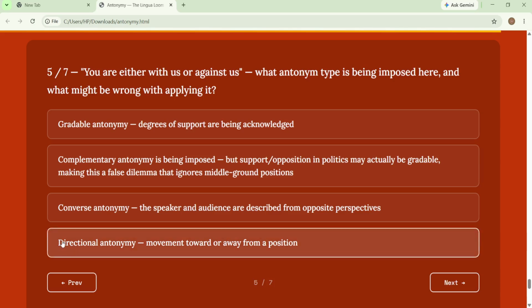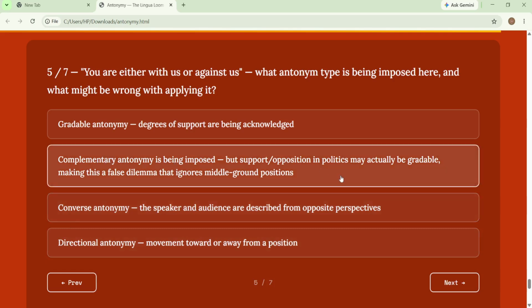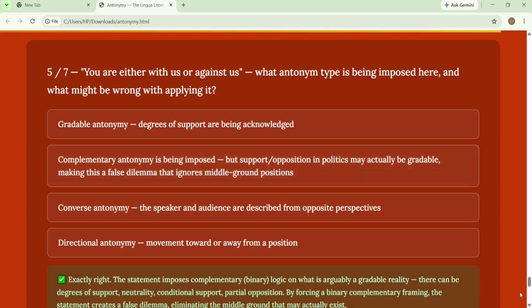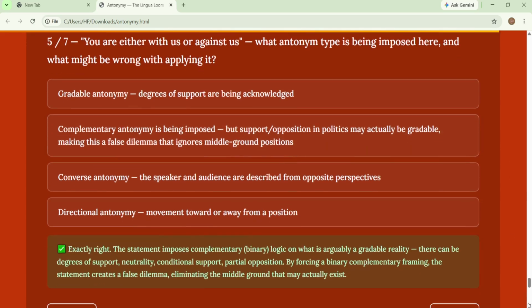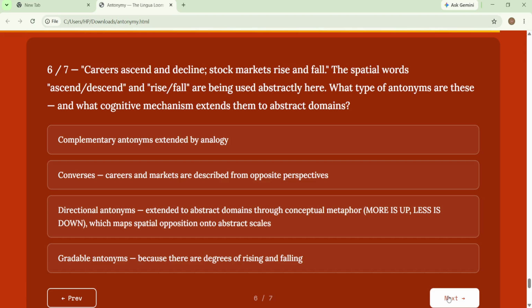Directional: movement. Converse: speaker and audience. Well, we're not talking about speaker and audience. Complementary antonymy is being imposed. That's correct. If someone is with someone, then they are not against them, and if someone is against someone, they can't be with them.